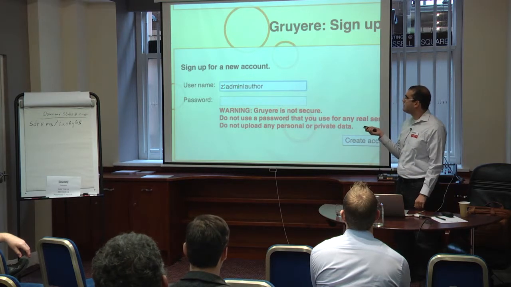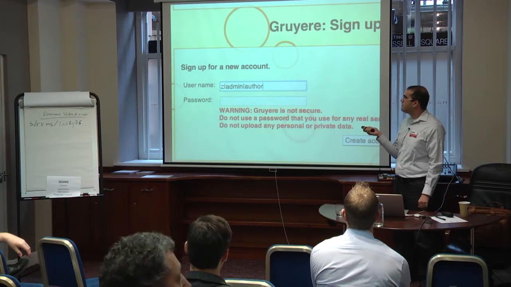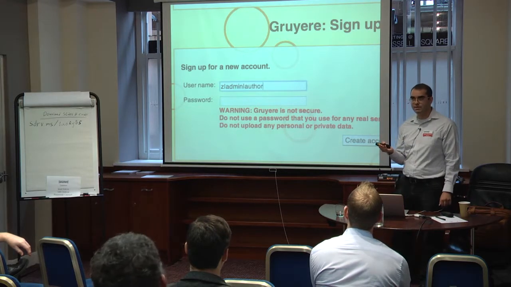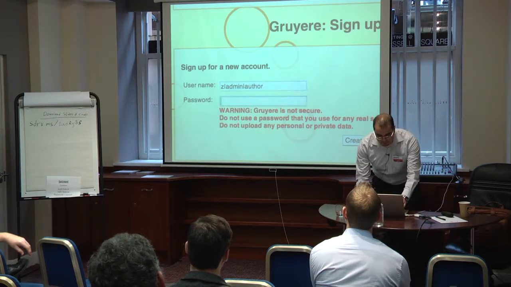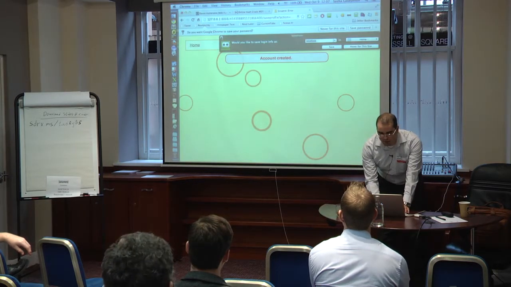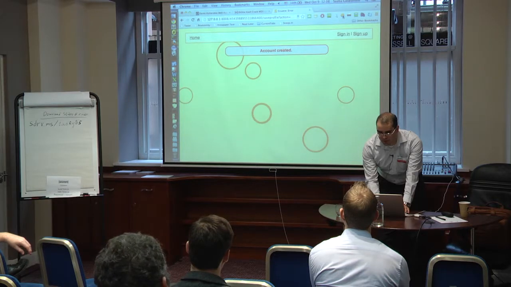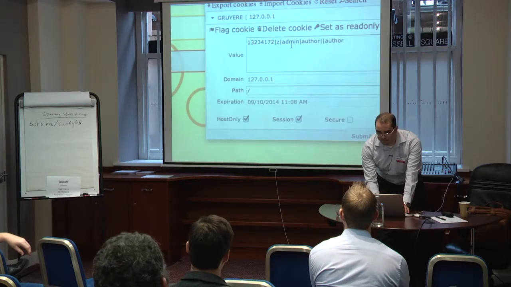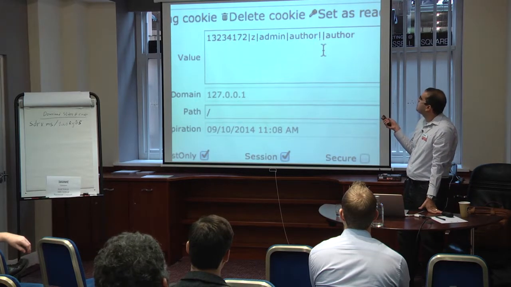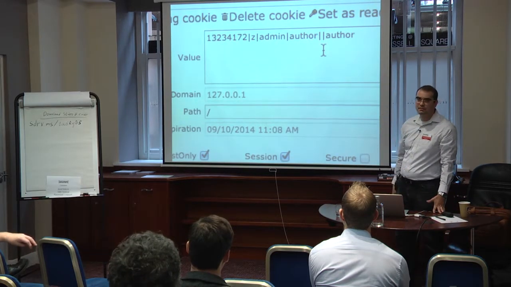And so the username part is going to be treated as the username Z, who is an admin and has snippet authoring rights. So let's create a user like that. I hit create account. The account was created successfully, which is not a surprise. Let's look at the cookie. Here's the cookie. Z, admin, author, empty pipes, author.